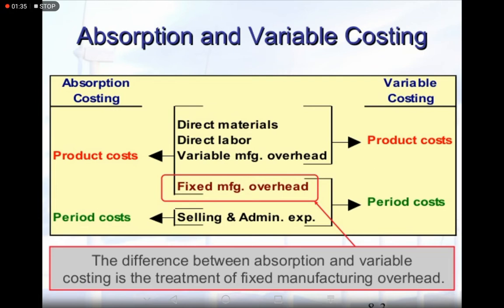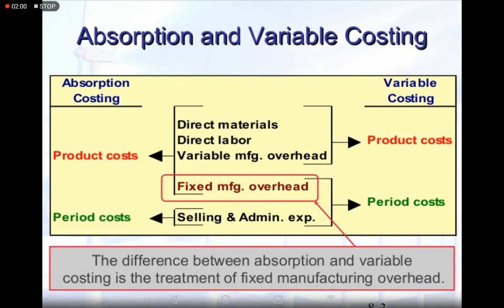So moving on, in variable costing, fixed manufacturing overheads are part of the period cost. Let's suppose that in the month of February, you made 100 units. If you're taking the variable costing approach, and you made 100 units, and you incurred $100 of factory rent, let's suppose.